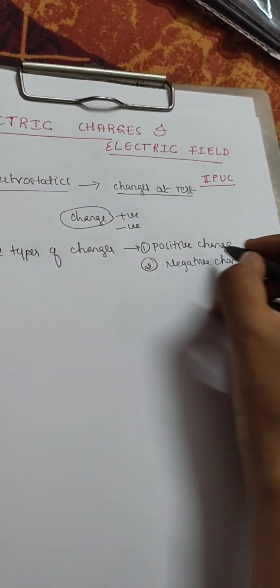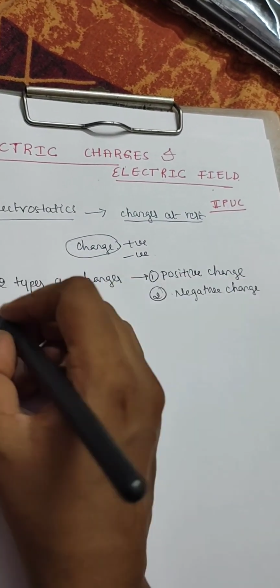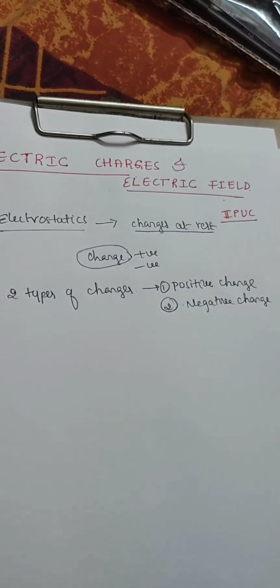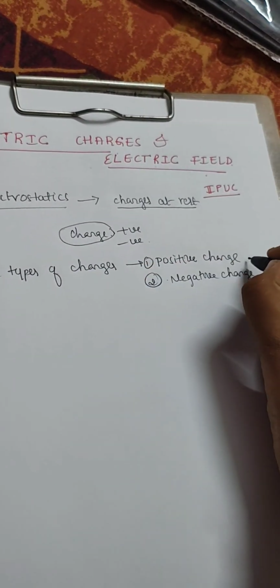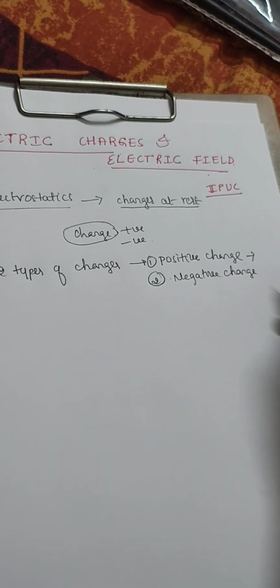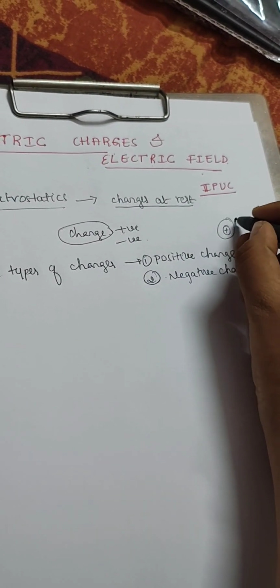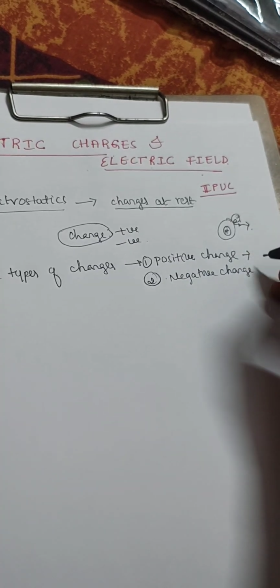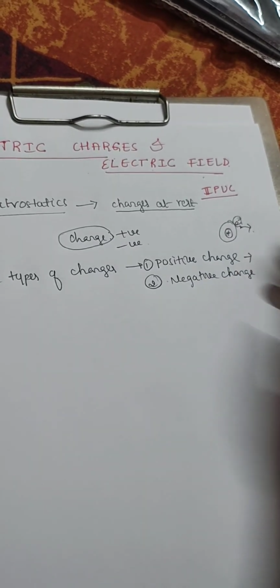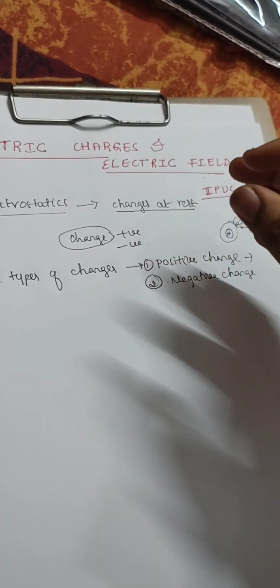So how is a positive charge formed? A positive charge is formed when there is a deficiency of electrons in the atom. If we consider an atom with a nucleus and electrons revolving around it, and one electron is removed, then it becomes a positive charge.